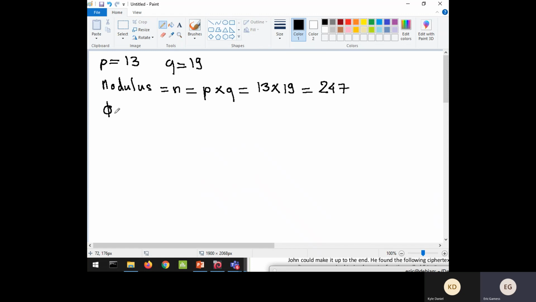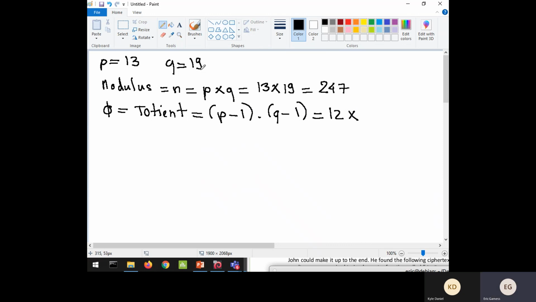Okay, we need to compute phi. What is the name of phi? Totient. We need to compute the totient. So what is the totient? We subtract 1 from the first prime number, we subtract 1 from the second prime number, and we multiply them. So 13 minus 1 will be what? 12.